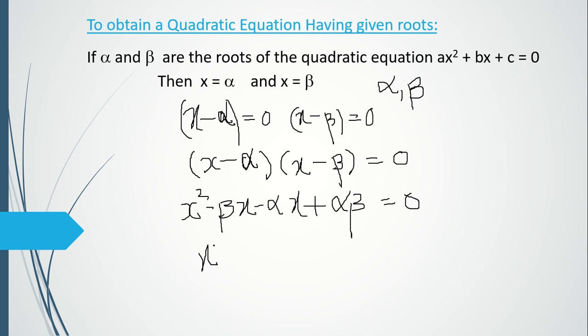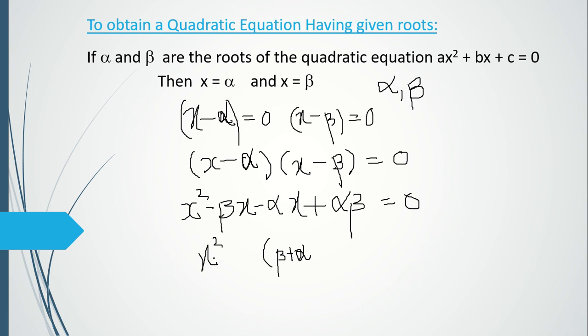Therefore x square minus, when minus has gone out, inside the bracket you get beta plus alpha, and minus x we have taken common. See, from these two terms x is common, right?